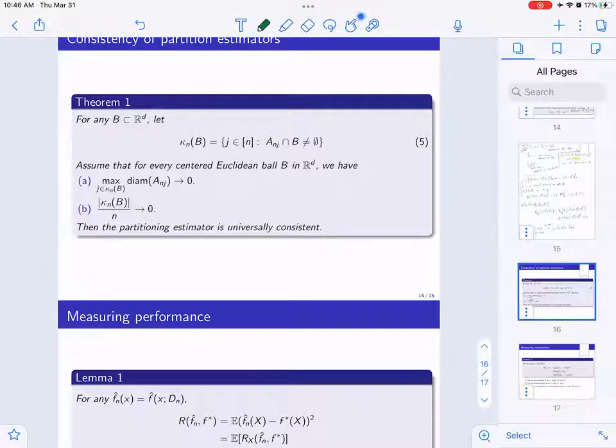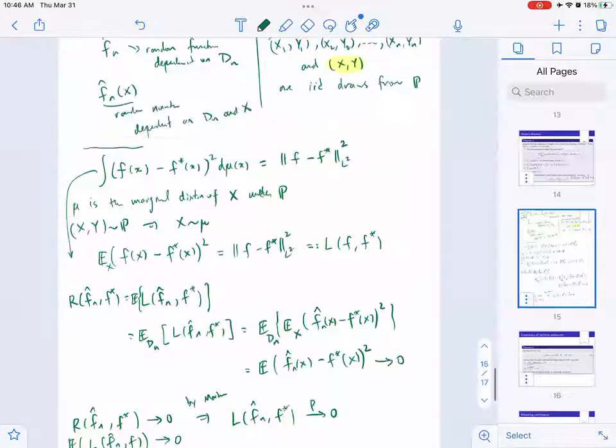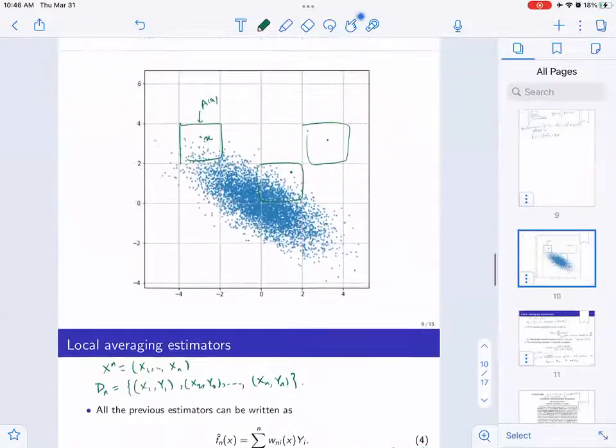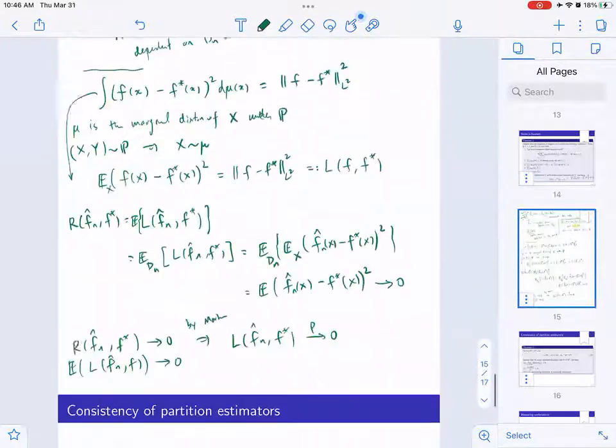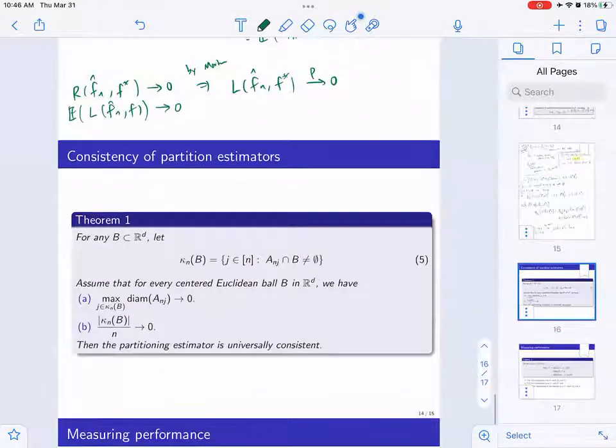Pick any B big enough, and let the set be all the partitions that intersect with B. Let's say I put a big ball around 0, and take all the pieces of the partition that are inside it or intersect with it. Those are all the cell indices that are there.